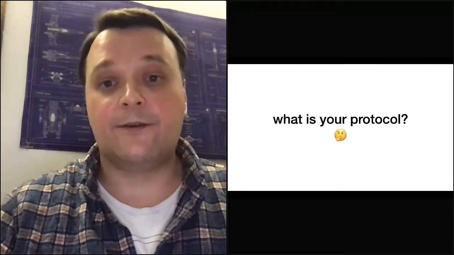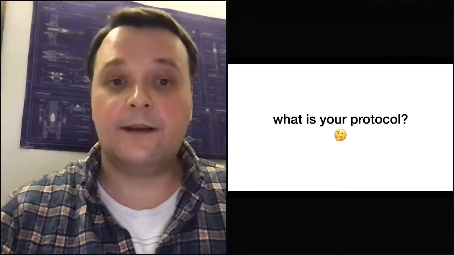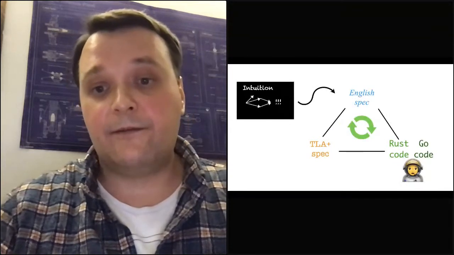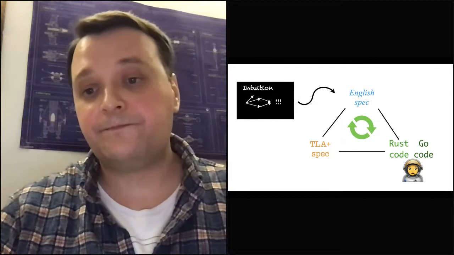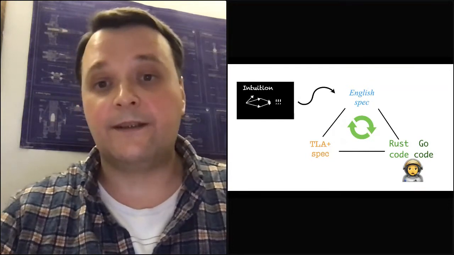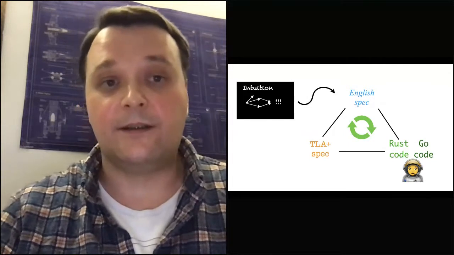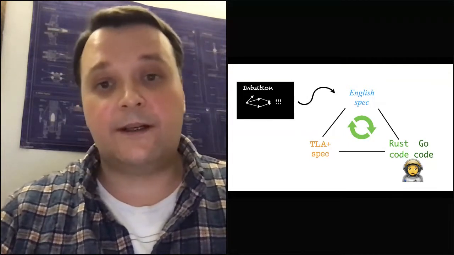There are many phases of a protocol. What do you understand by a protocol? And what we do at Informal, we actually have 4 kinds of activities. And they all reflect different phases of a protocol, for instance, the Light Client protocol. Of course, we always start with an intuition.